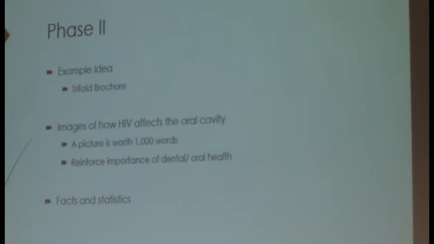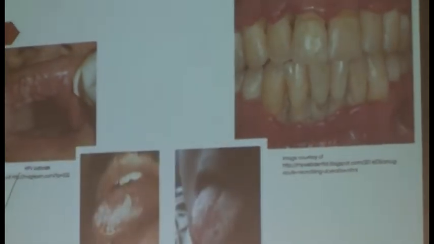Sometimes a visual can help really emphasize the importance or the gravity of what not managing your disease can do to you. It'll also reinforce the importance of dental and oral health, and it can also contain facts and statistics that people deem important. And some of the examples could be images like these.